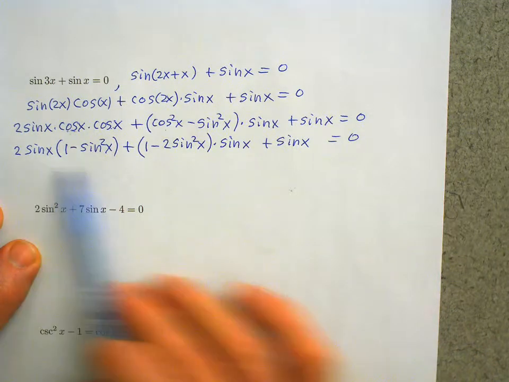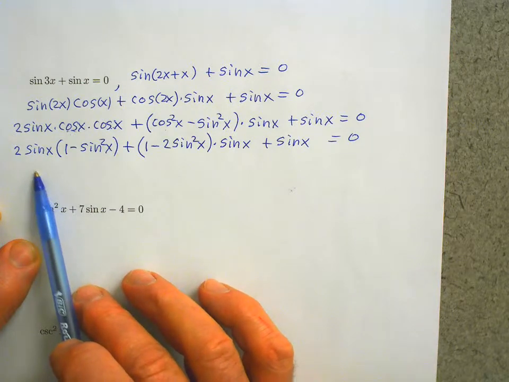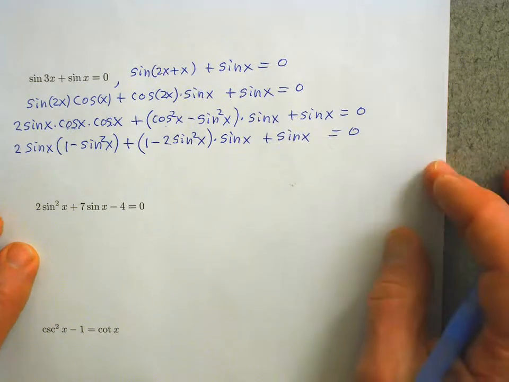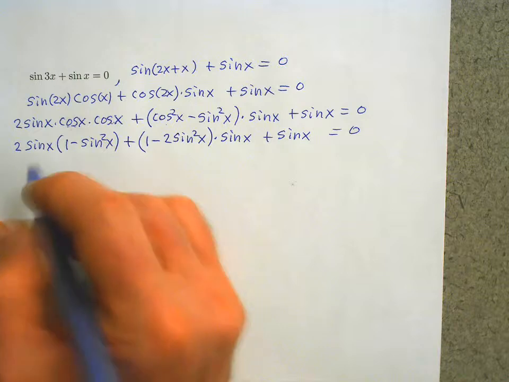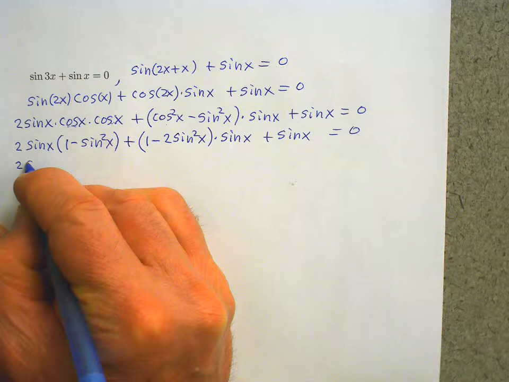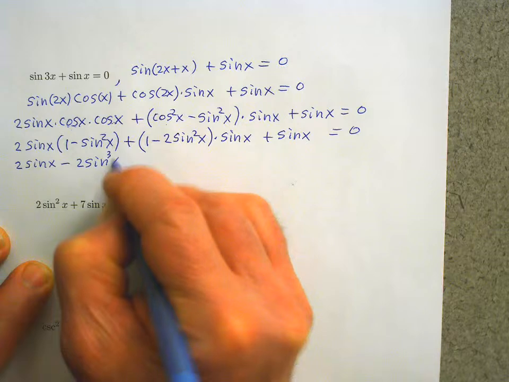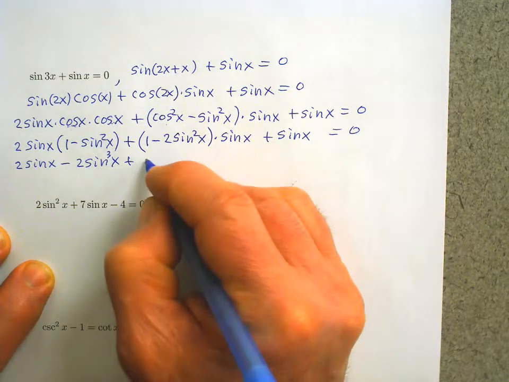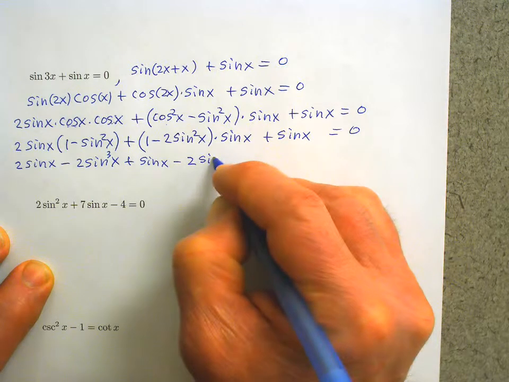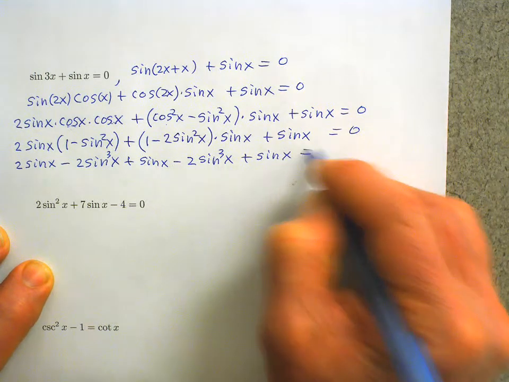So I suppose when we multiply these out, I guess it'd be better just to multiply them out and then combine like terms. So 2 times sine of x minus 2 times sine of x cubed plus sine of x minus 2 times sine of x cubed plus sine of x equals 0.